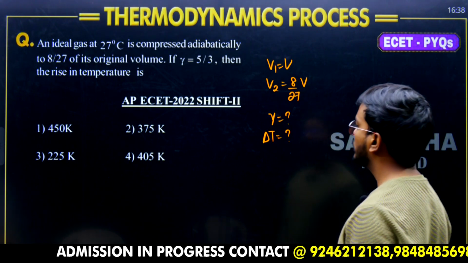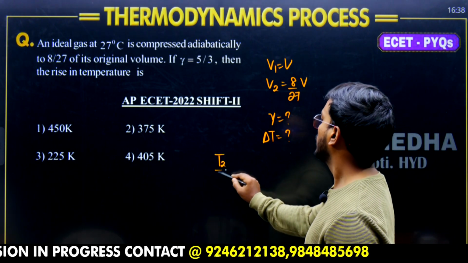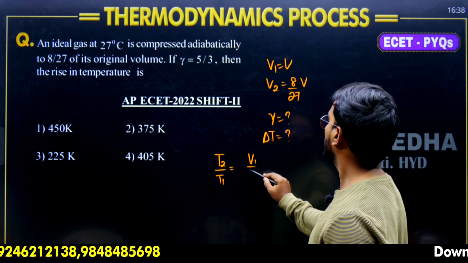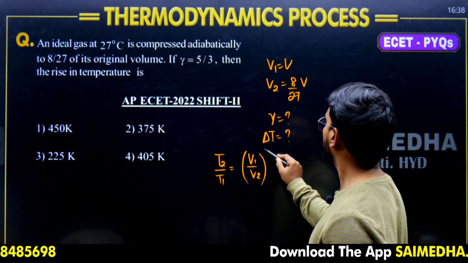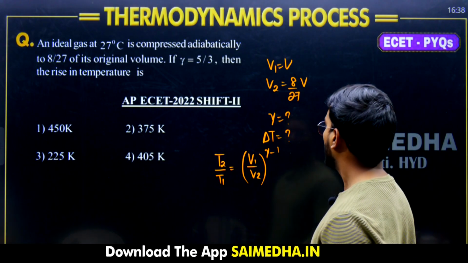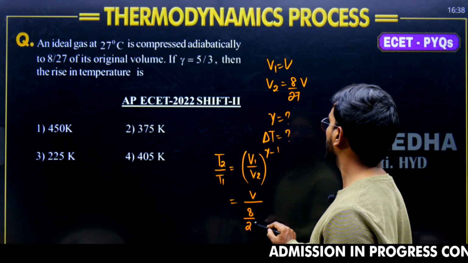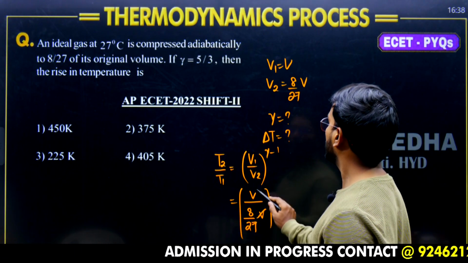We know the relation between temperature and volume: T2 divided by T1 is equal to V1 divided by V2 whole to the power of gamma minus 1. So V gets cancelled.